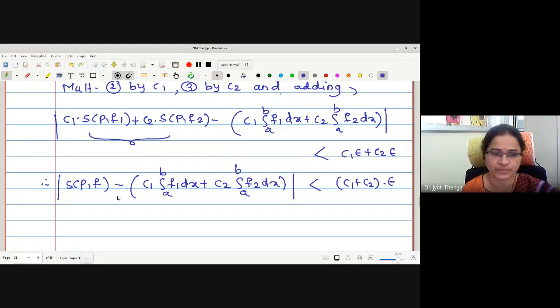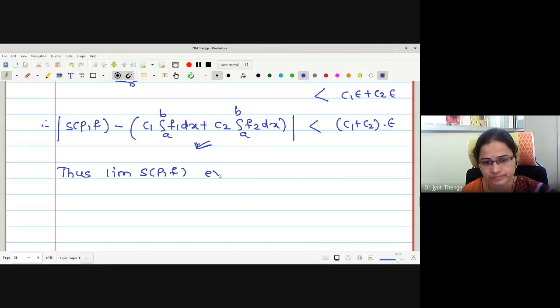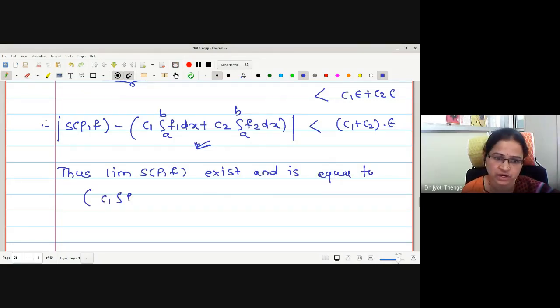Therefore, the limit of S(P, f) exists, and this is the limit value. Therefore, integration f is nothing but this limiting value. Thus, the limit of S(P, f) exists and is equal to c1 integration f1 dx plus c2 integration f2 dx.